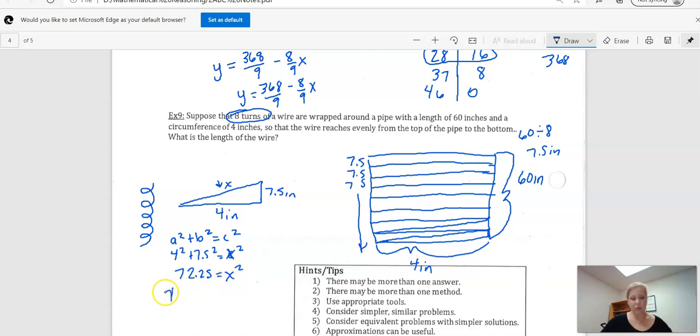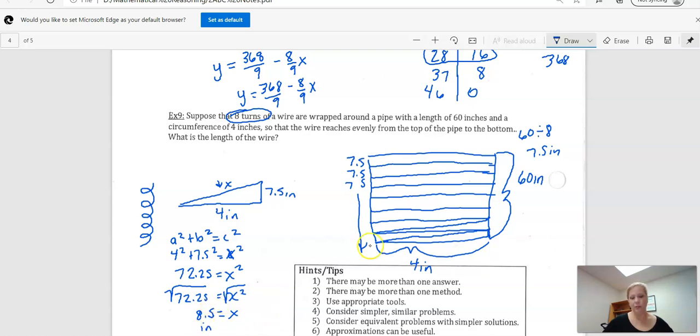So to get rid of a squared, you take the square root of both sides, and that will give you the length of one of these stretches around the pipe. So the square root of 72.25 is 8.5, and this is in inches.